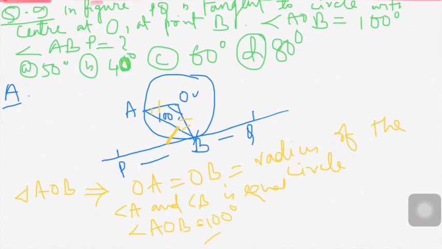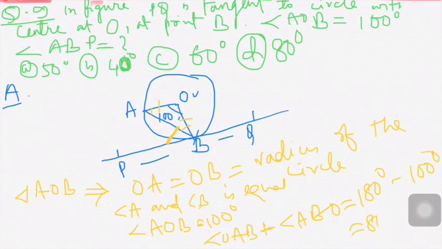Hence we can say that OAB plus ABO equals 180 degree minus 100 degree, which is 80 degree.